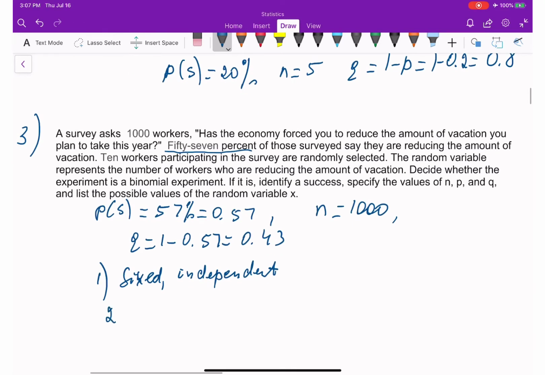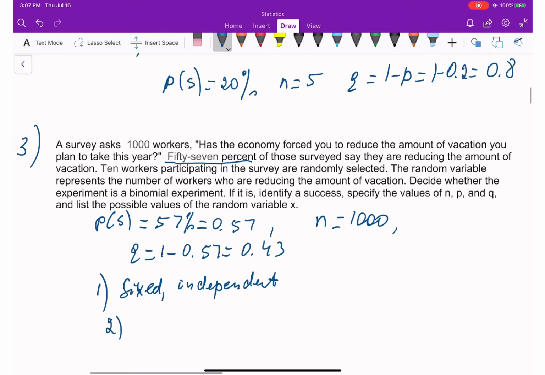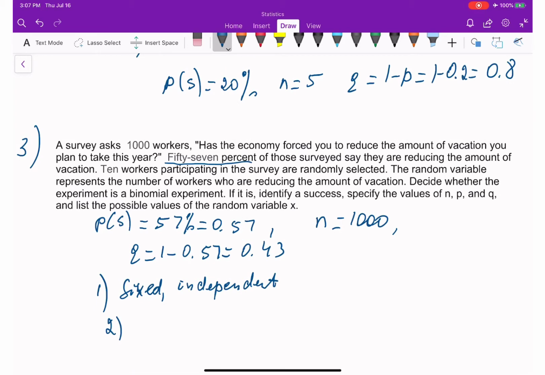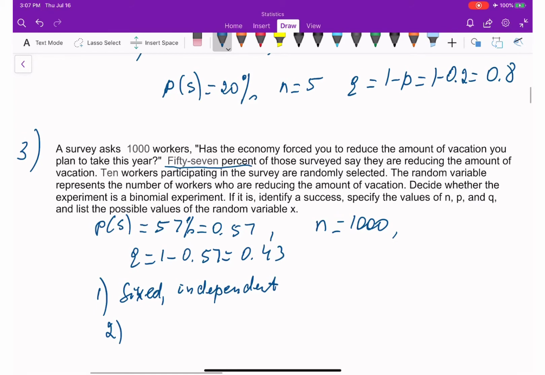Number two, how many possible outcomes do we have here? The workers that are reducing the amount of vacation and the workers that are not reducing it. So it's a yes or no question, correct? So we have a probability of success and a probability of failure.